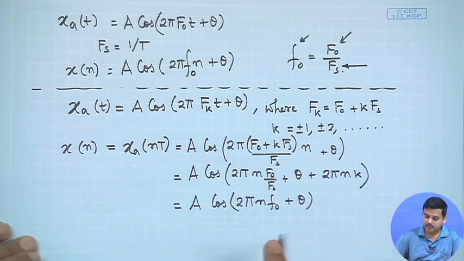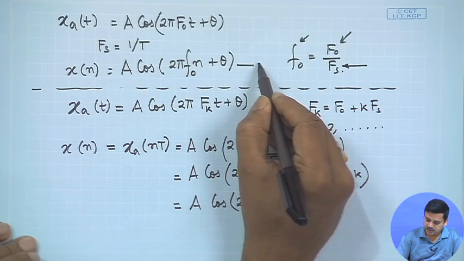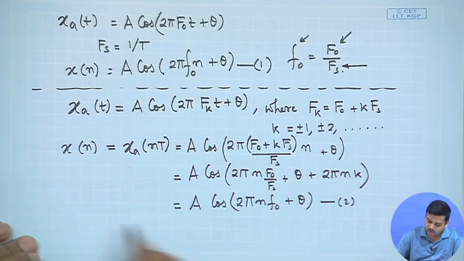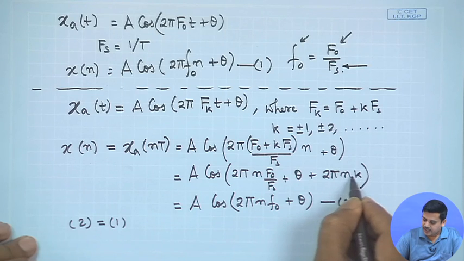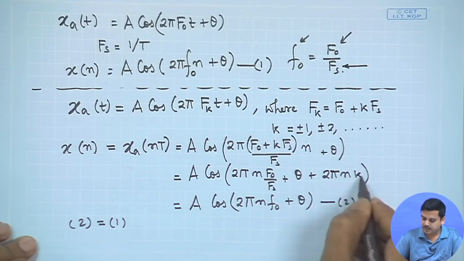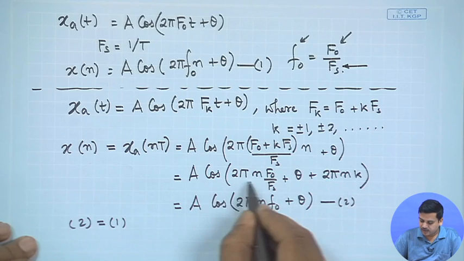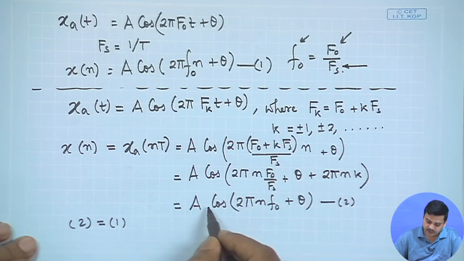Now, if you look at this expression and this expression, if I mark this as 1 and this as 2, 2 is equal to 1, because there is a 2 pi n k, n is an integer and k is an integer. So, we have a multiple of 2 pi. Since we have a multiple of 2 pi, cos of theta plus 2 pi is basically cos of theta. So, we have this expression.